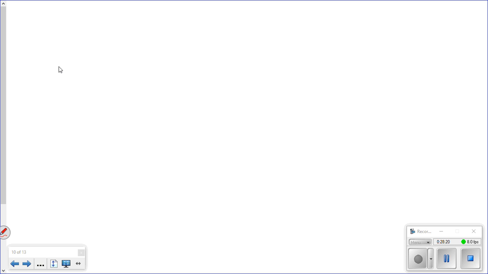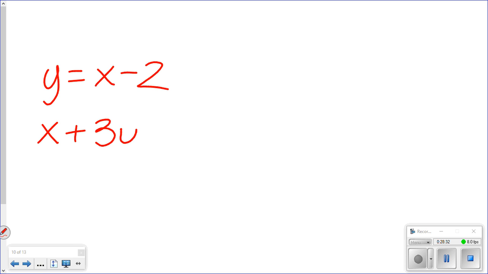Okay, let's try this one. I'll give you one that's already in y equals form, so you don't have to conform it. X plus y. Okay, there you go. This one's already done for you.